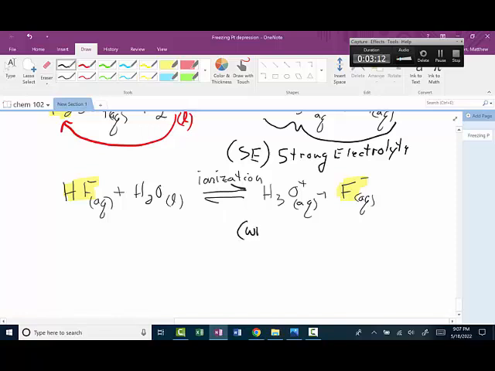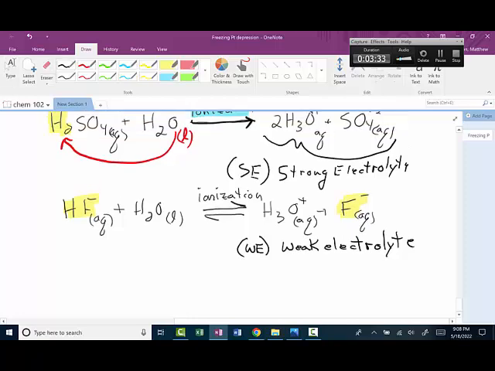So we go WE and weak electrolyte. Both the strong acid and the weak acid are electrolytes. The only difference is a strong acid is a strong electrolyte and a weak acid is a weak electrolyte. Okay? And that's the reaction of acids in here.